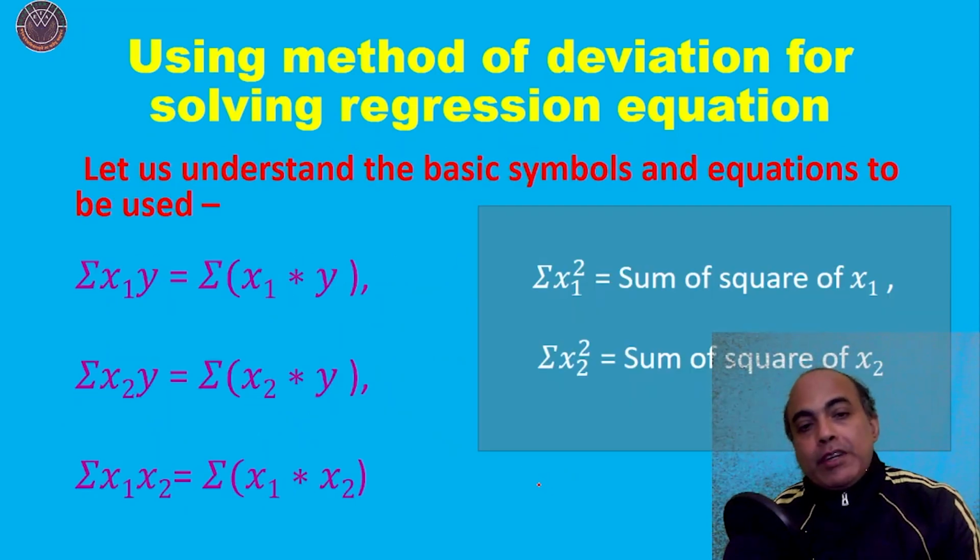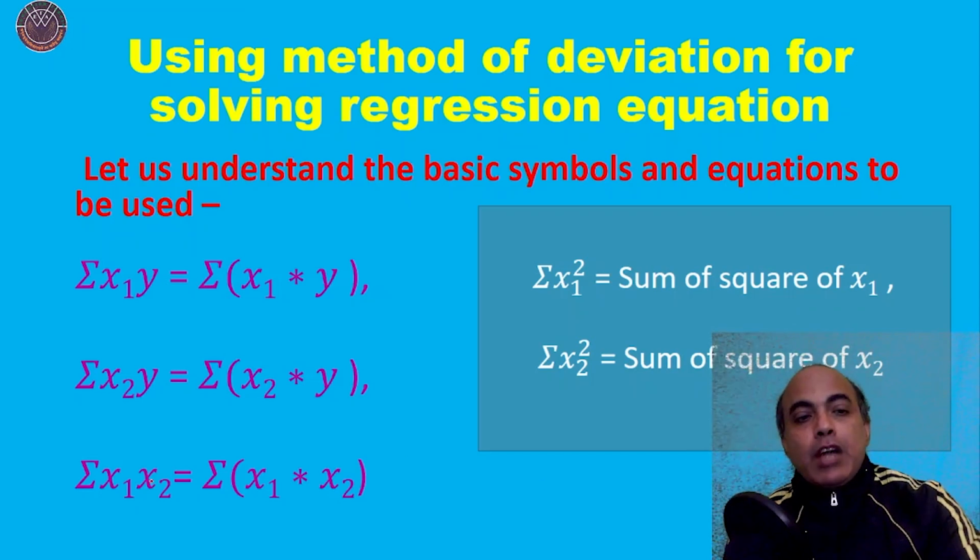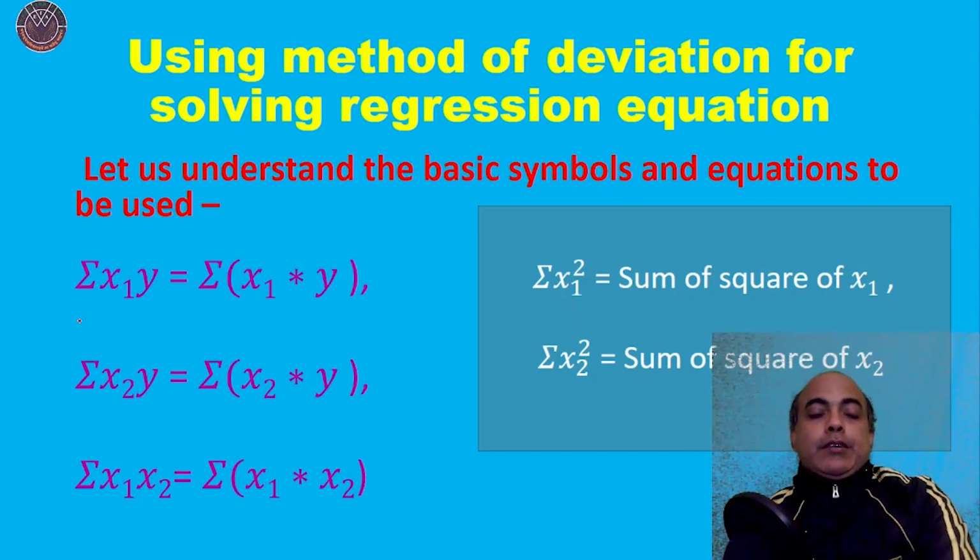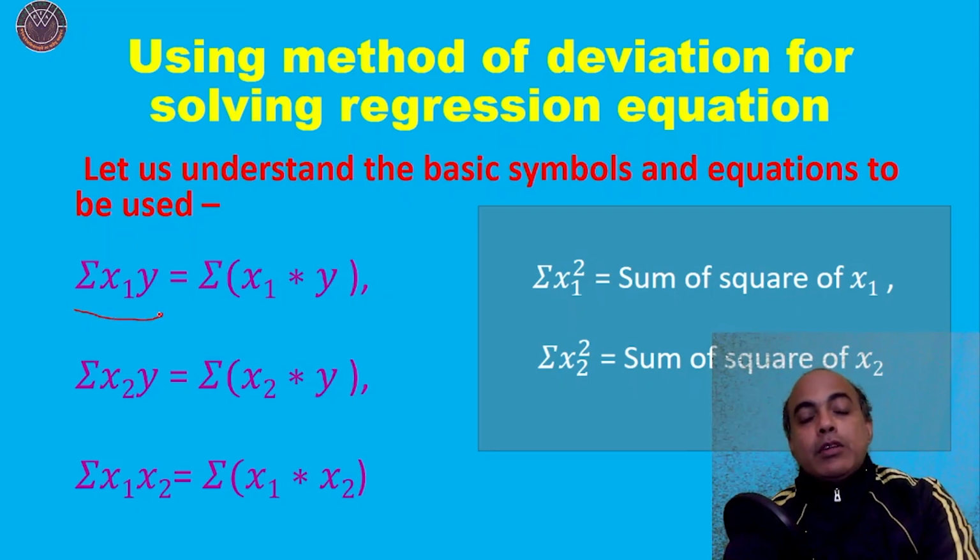So proceeding further, you just try to see now the terms are in the form of deviations form. That means you have got all the notations in deviation form, that is x1y, and you already know what is x1, what is y. So sigma x1y will be the summation of small x1 into y.